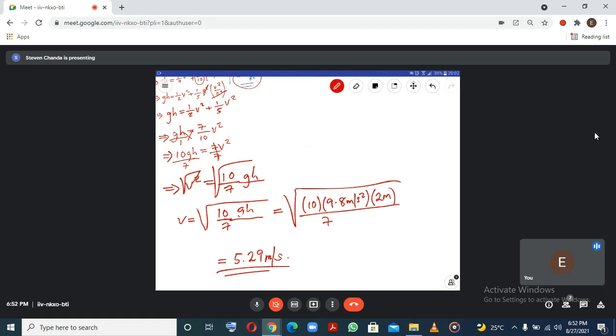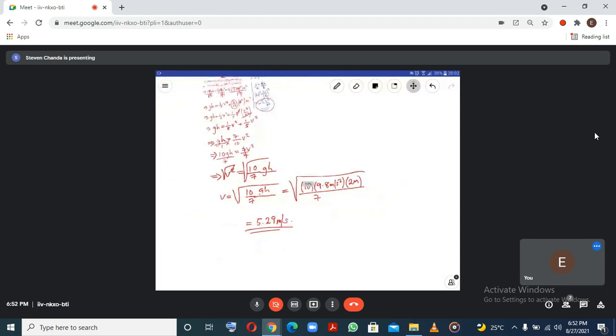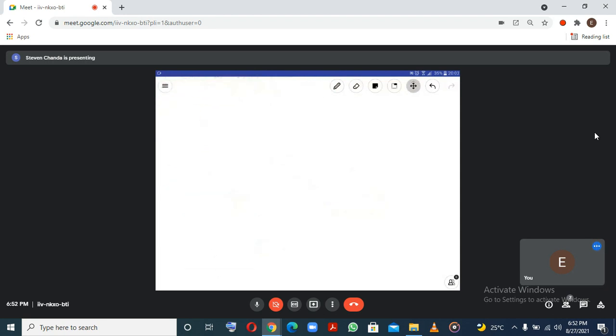One thing that you would realize is that we solved similar questions when we were looking at work, energy, and power, but in those questions we did not take rotation into consideration. For those ones, we found our equation to be like this. But for this one, the equation is 7 over 10 gh. So what do you see there?